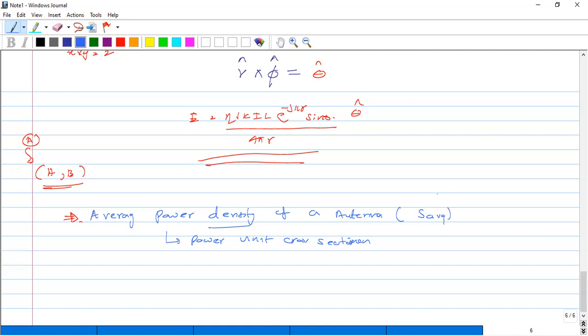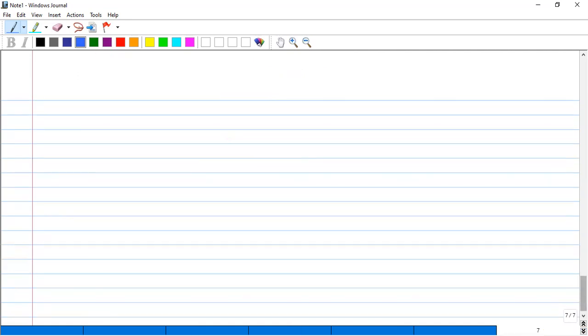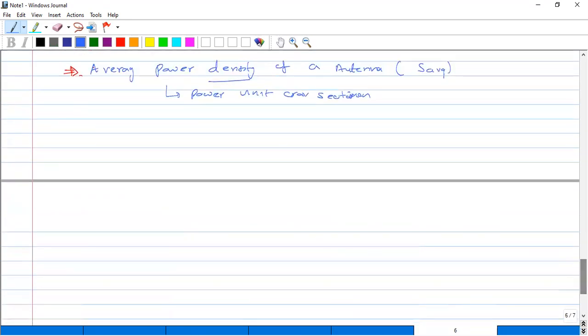Average power density can be calculated like this.